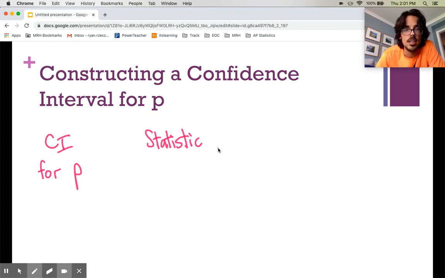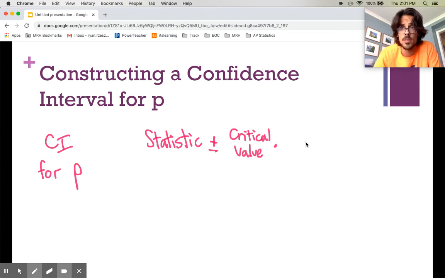Then what I did in the last video is I broke that margin of error into two pieces. There was what's called a critical value, and then we multiplied by the standard deviation of our test statistic. But unfortunately, as we just uncovered, we can't do standard deviation because it used the p's instead of the p hats.